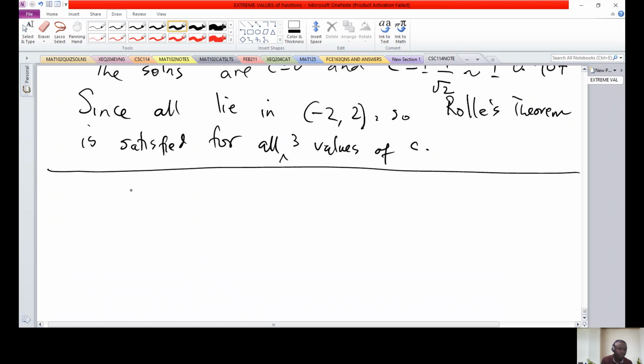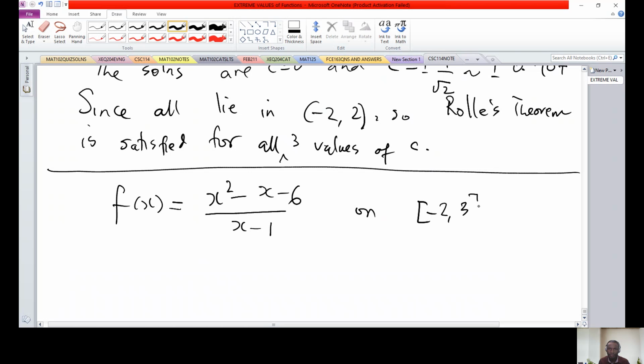Last example, we have f of x given by x squared minus x minus 6 over x minus 1 on the interval minus 2 to 3.